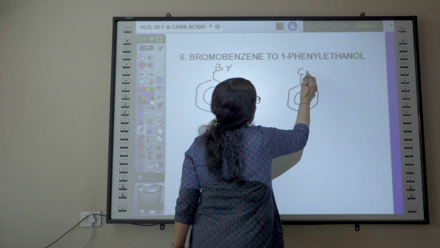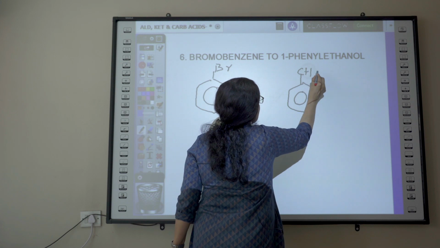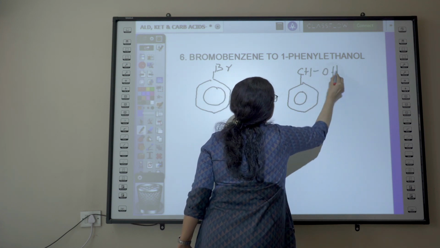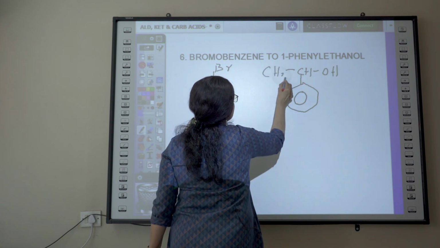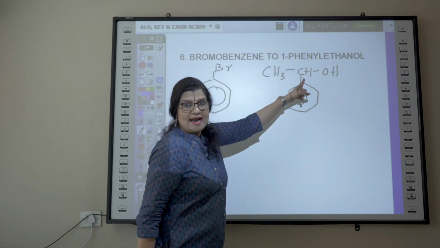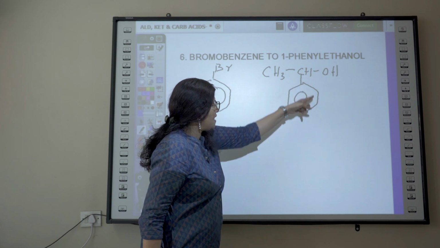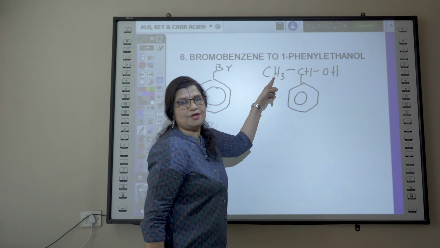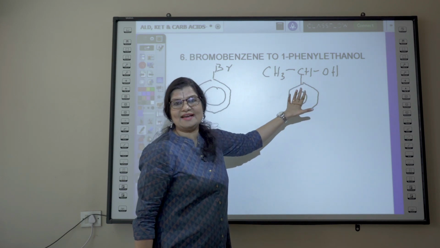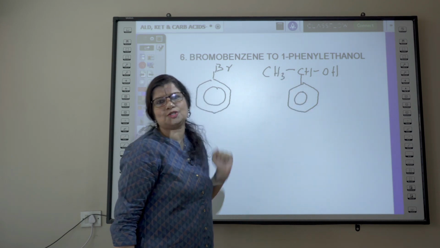So we have ethanol, CHOH, and then we have CH3. At the first carbon atom, you have the phenyl group. So, 1-phenyl ethanol. Very evident that it is a secondary alcohol.